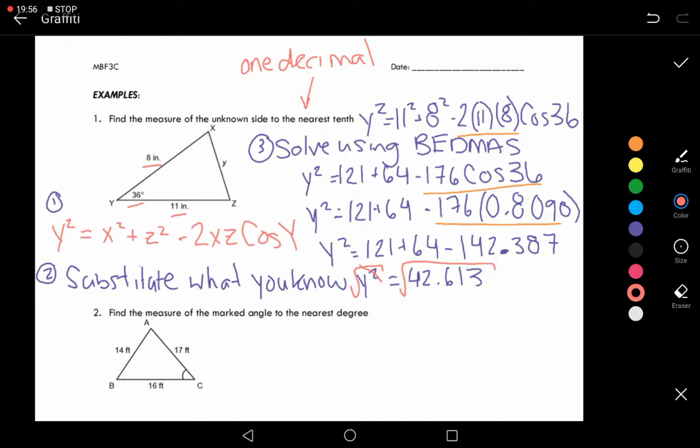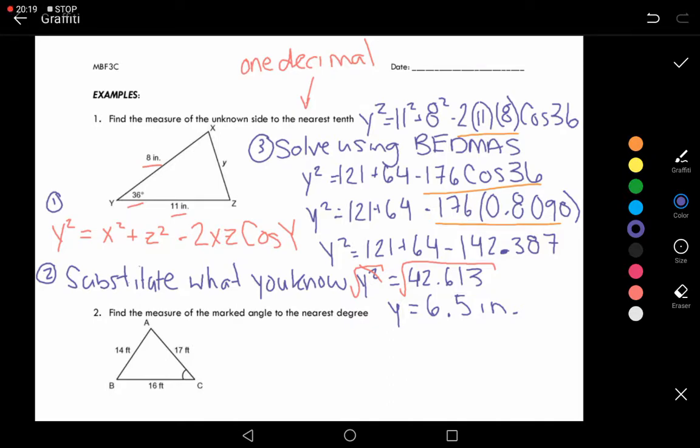So I'm going to also take the square root of 42.613, and I get that y equals 6.5 inches. Again, we're dealing in inches, so we want to include that information.